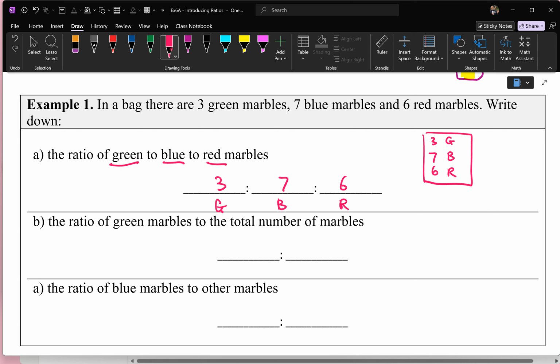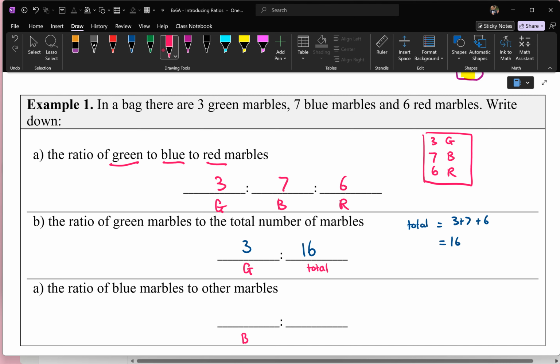Write the ratio of green marbles to the total number of marbles. So green to total. Clearly the total is 3 plus 7, which is 10, plus 6, which gives you a total of 16. So your answer would be 3 to 16. Same thing for the next one, the ratio of blue marbles to other marbles.